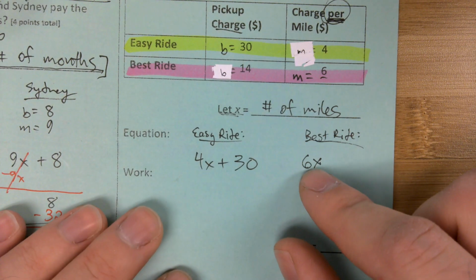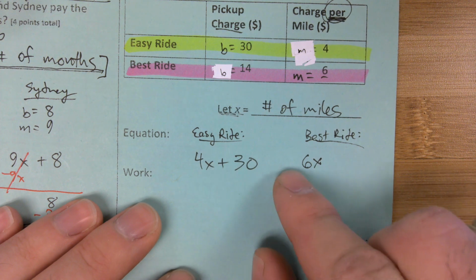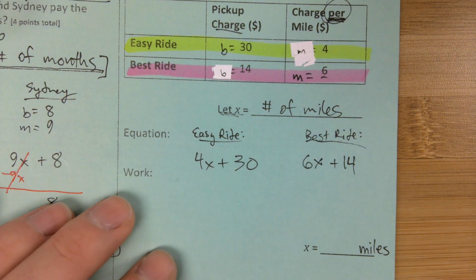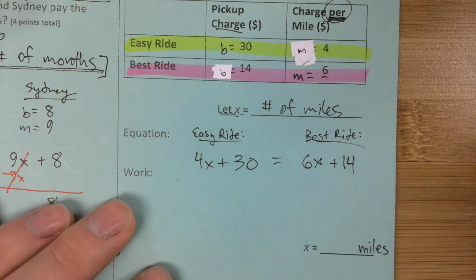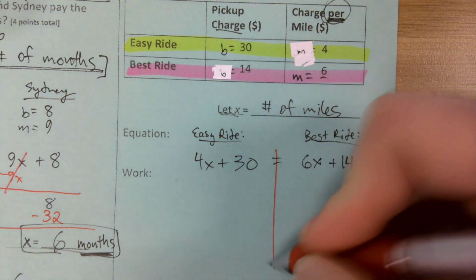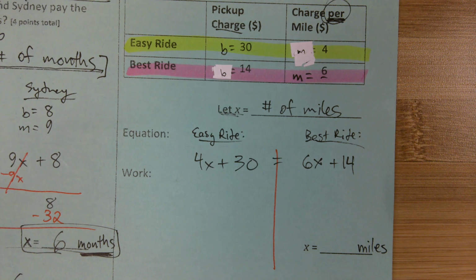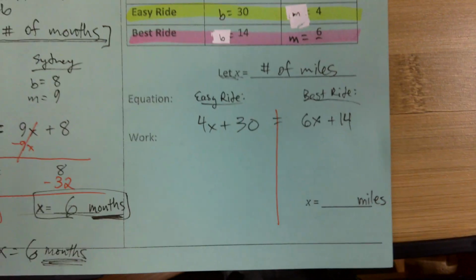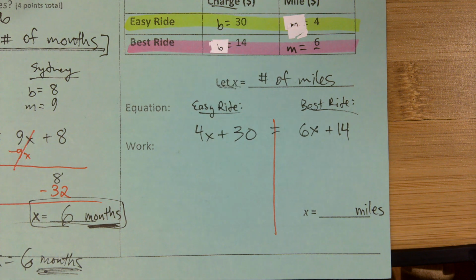So our Easy Ride equation was 4x plus 30. Our Best Ride equation is going to be 6x plus 14. Set them equal to each other. Split it down the middle. Let's go ahead and solve. Before we do, are there any questions about the way that we set this equation up? Okay, good.